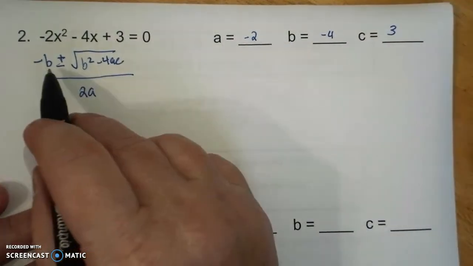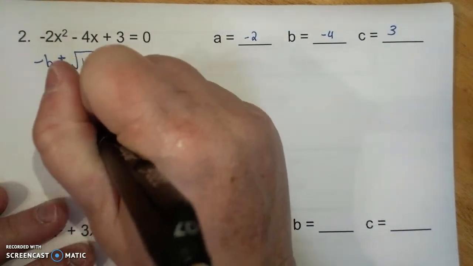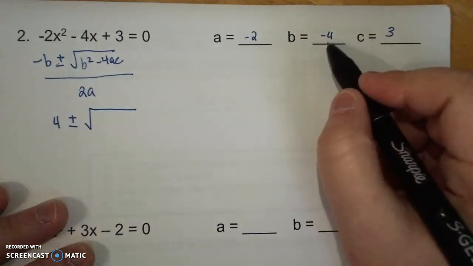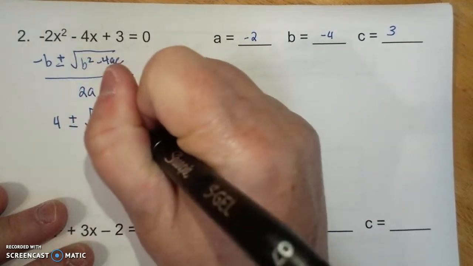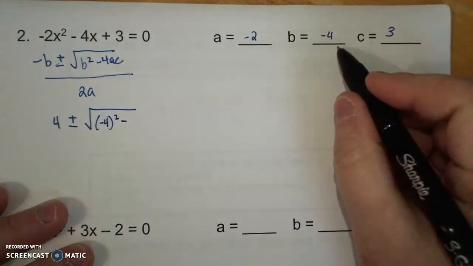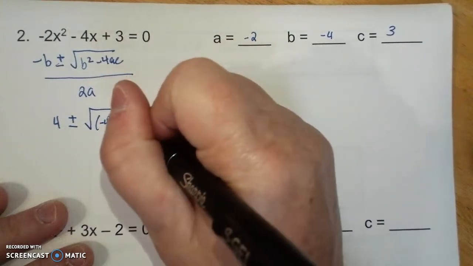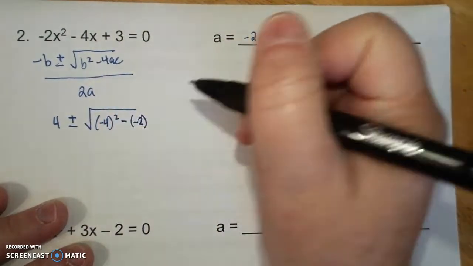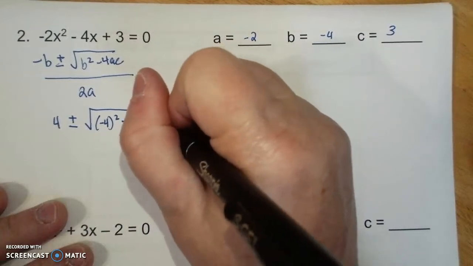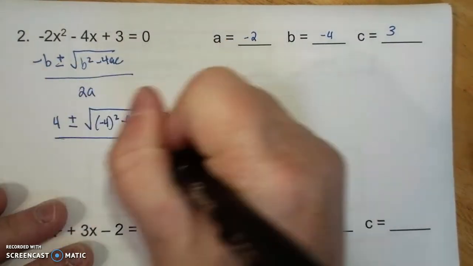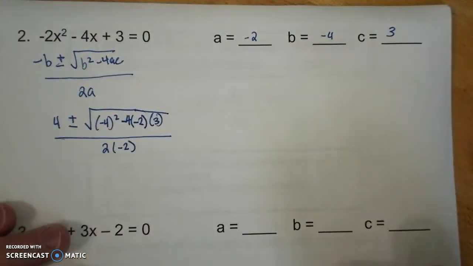I'm going to say the opposite of b, so that's 4 plus or minus the square root of -4 squared minus 4a and c, all over 2 times -2.